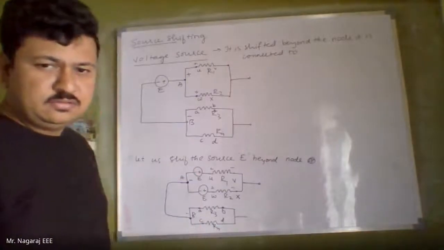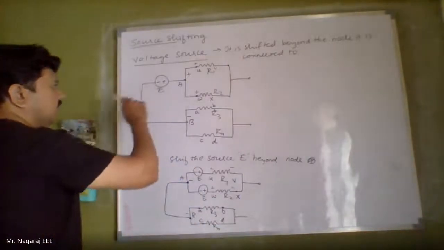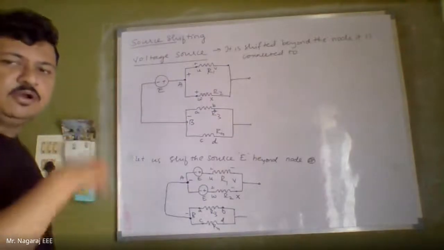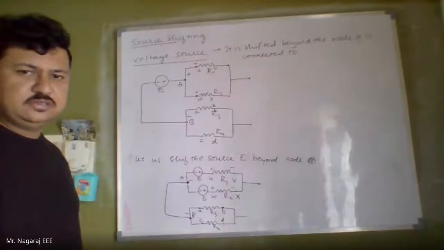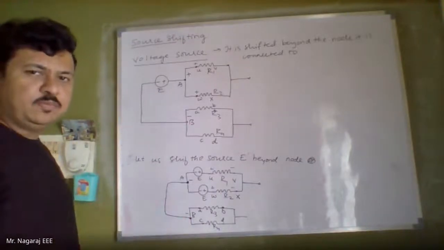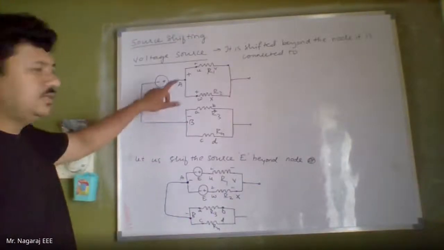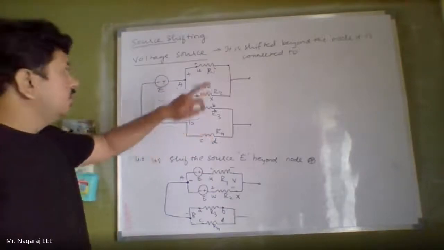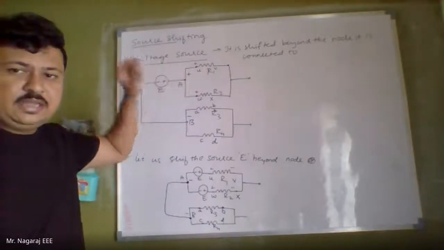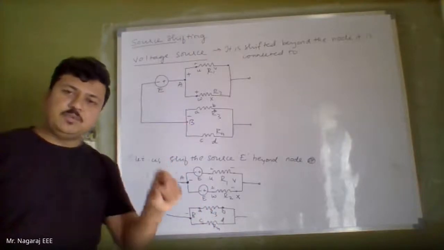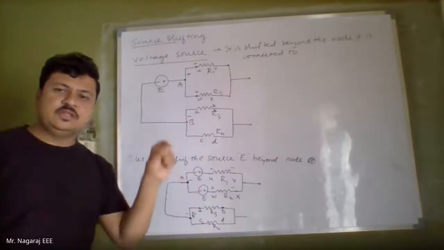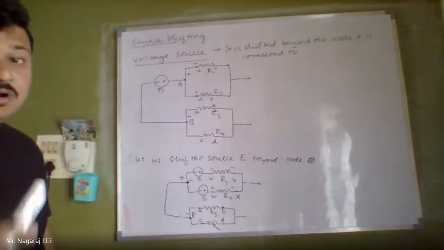Please mind, whenever I want to shift the voltage source, I will be shifting it beyond the nodes. I will be pushing the source beyond the nodes. After the node, if I want to place it, then I should make sure that the elements connected to that node will carry the same polarity as before the source shifting, not the node.